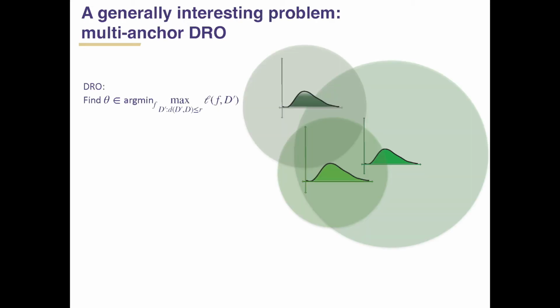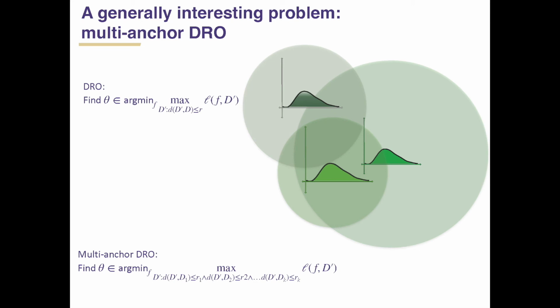I think it's also just generally interesting to think about whether there's some theory behind the following question, which I call multi-anchor distributionally robust optimization. Somewhat surprisingly, I hadn't heard anyone talk about this as a problem to think about before. DRO is something there's a whole literature on at this point. But what about the possibility that I have multiple distributions generating data, even in the same space? I just have XY pairs drawn from several different distributions.